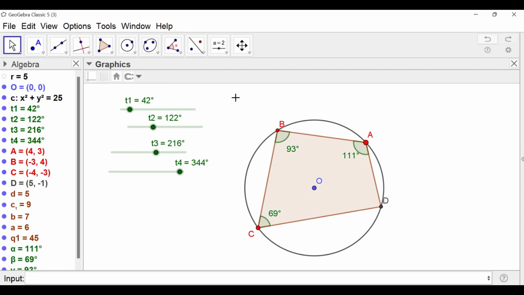Let's check. Angle ADC, we see 87 degrees. Wow, look at that. And guys, when you add 93 degrees and 87 degrees, it gives you 180 degrees. So we have seen the validity of this theorem if you look at it in the light of Geogebra.